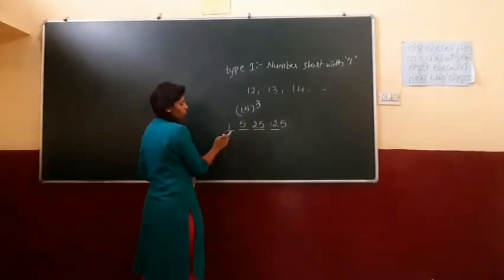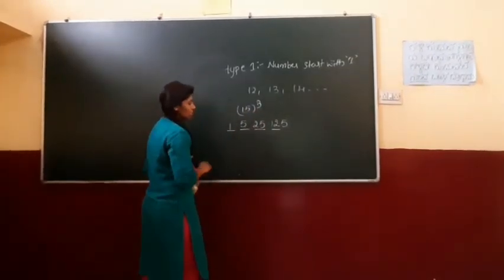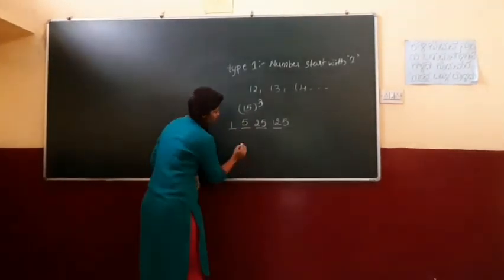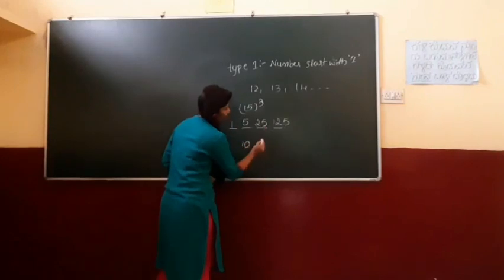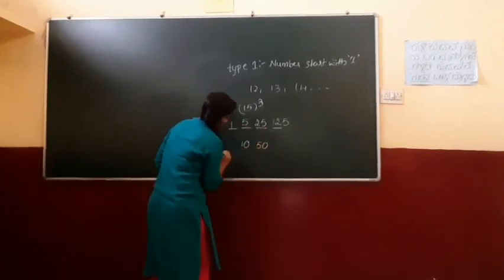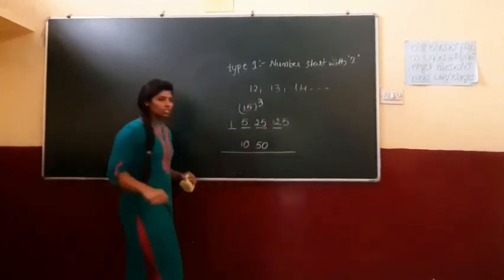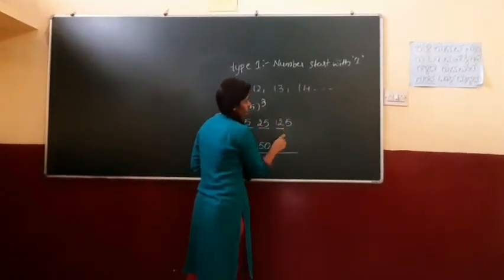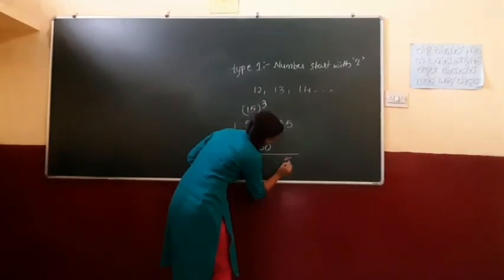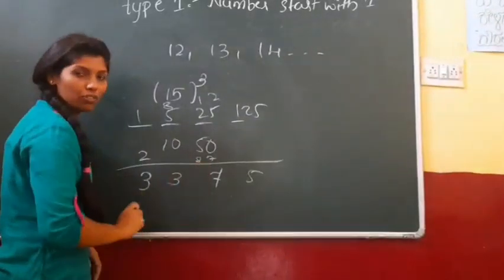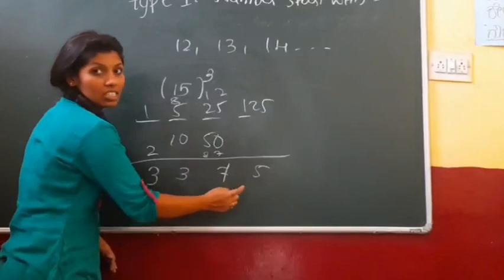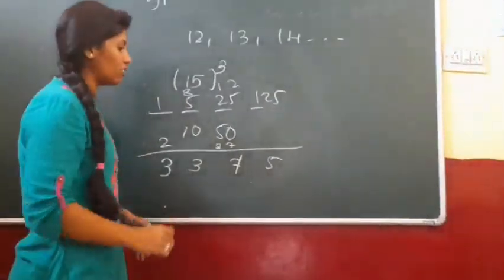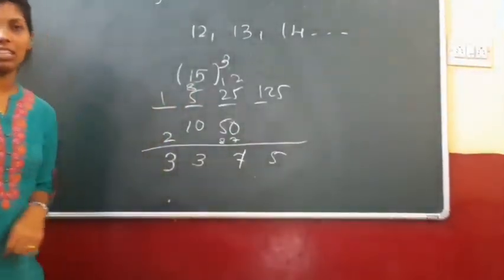Then we leave the first and last digit as it is. Then we multiply 5 and 25 with 2: 5 twos are 10 and 25 twos are 50. Now we add these numbers. We take only the units digit, that is 5, and the value of 15 cube is 3375.